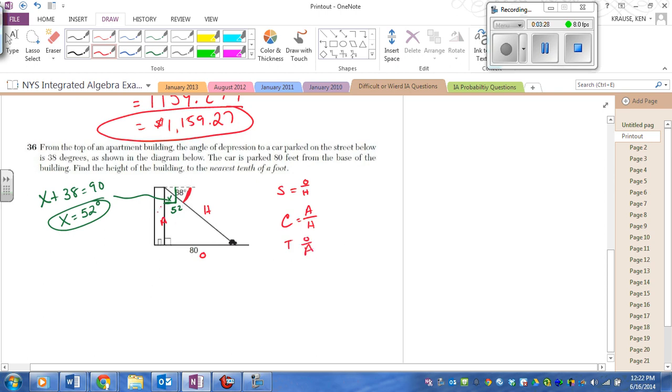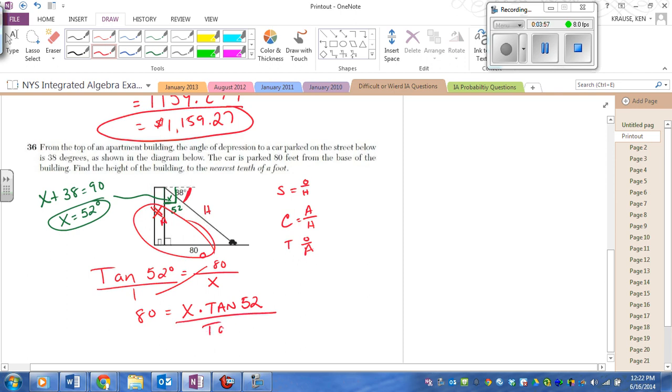And since we need to find the height of the building, which is right here, we have to use O and A. So that's tangent of 52 degrees is equal to O, which is 80, over A, which is X. Now, when you're not looking for an angle, you have to cross multiply. So 80 equals X times tangent 52. But I want the X by itself, so I divide by tangent 52.